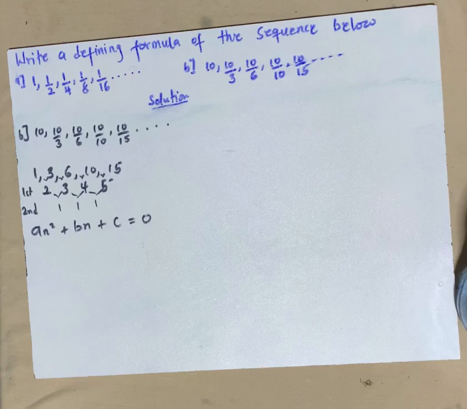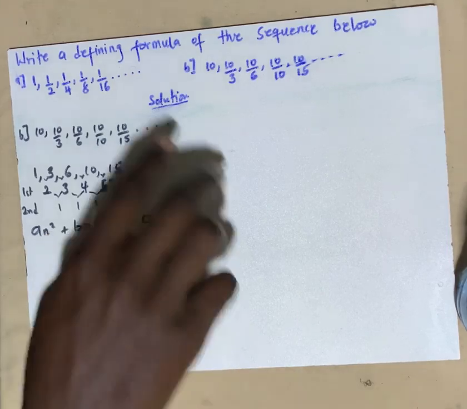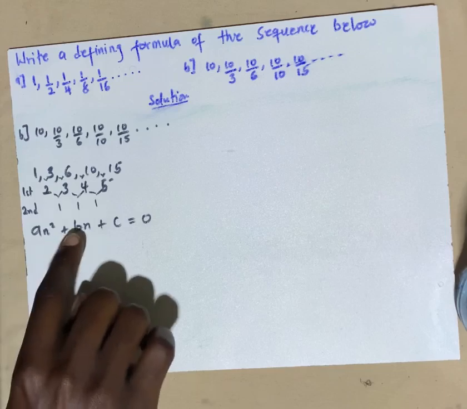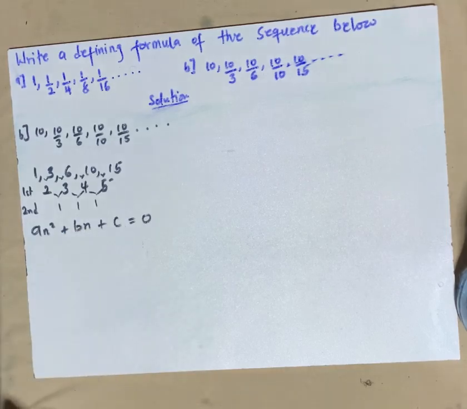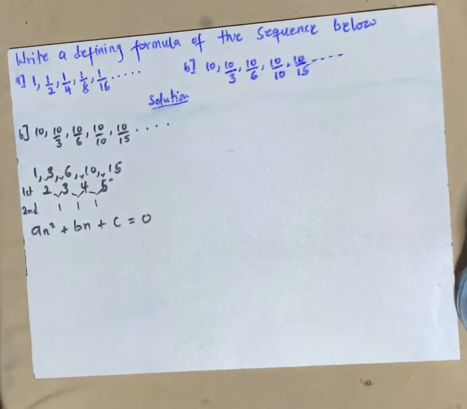What do we do next? Now, as you can see, we are trying to find the nth term of this sequence. So we are obviously supposed to find a, b, and c. Now, you know that you are having 3 variables to find. Since you are having 3 variables to find, all you need is just 3 terms from the actual sequence to help you find those 3 variables.